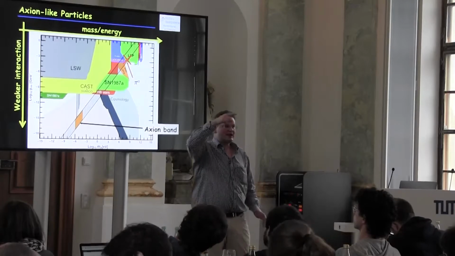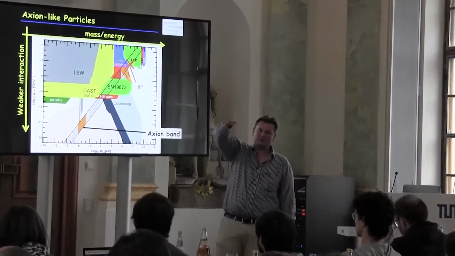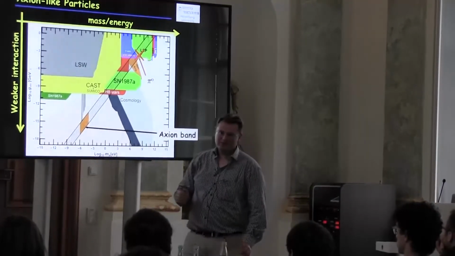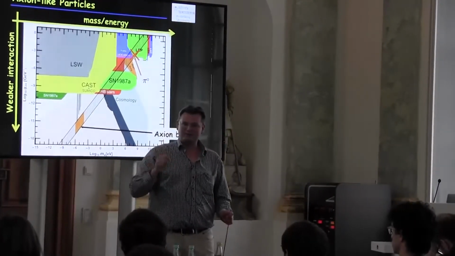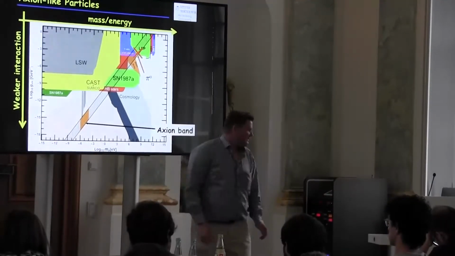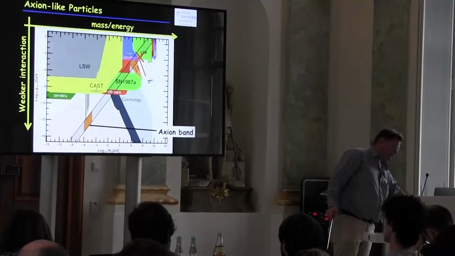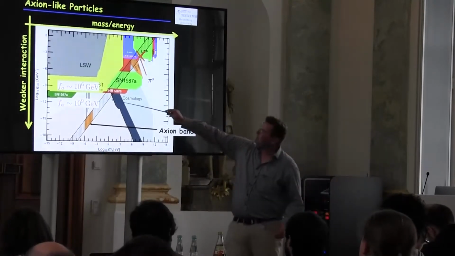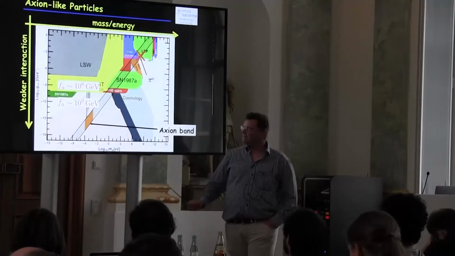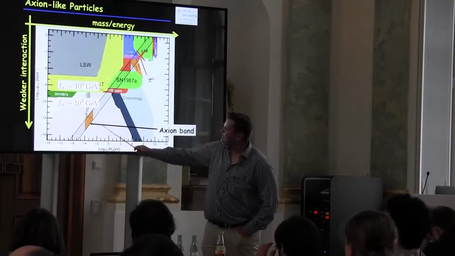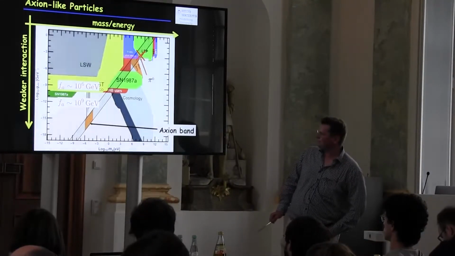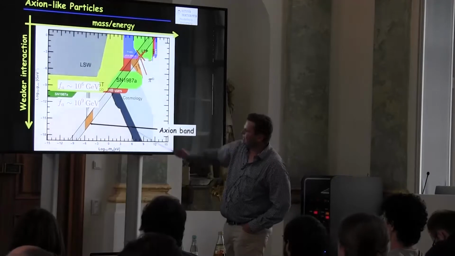And if you take into account that the prefactor of 1 over f_a is something like alpha over 4 pi, which is not completely negligible, it's 10 to the minus 3. So a coupling like here would correspond to a spontaneous symmetry breaking scale of the order of 10 to the 6 GeV, and here 10 to the 12 would correspond to 10 to the 9 GeV. Okay, so that is the coupling.